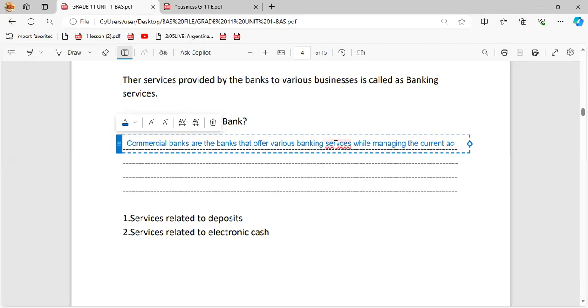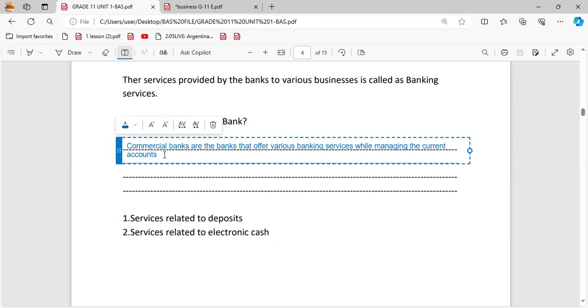The word current account is important here. I will explain why. Any other banks don't actually maintain the current accounts, but only commercial banks maintain the current accounts. Therefore, while managing the current accounts.